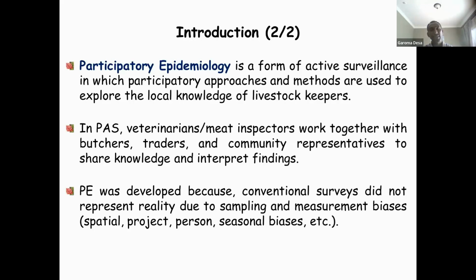There are a lot of determinants, but generally they are categorized into three: host determinant, agent determinant, and environment determinant. When we say host, the incidence of the disease is different from species to species. Some species are more resistant to the disease, and some of them are more susceptible. There is also a difference in susceptibility against any disease, so the disease incidence is different between male and female, and also between different age groups.